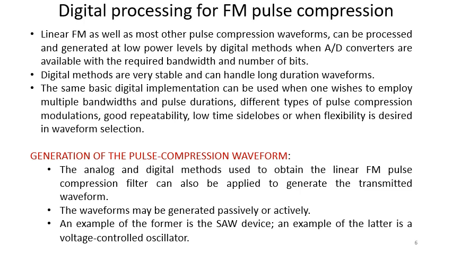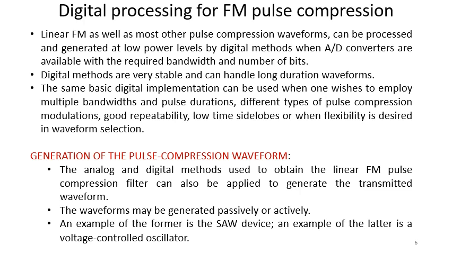The same basic digital implementation can be used when one wishes to employ multiple bandwidths and pulse durations, different types of pulse compression modulations, good repeatability, low time side lobes, or when flexibility is desired in waveform selection.